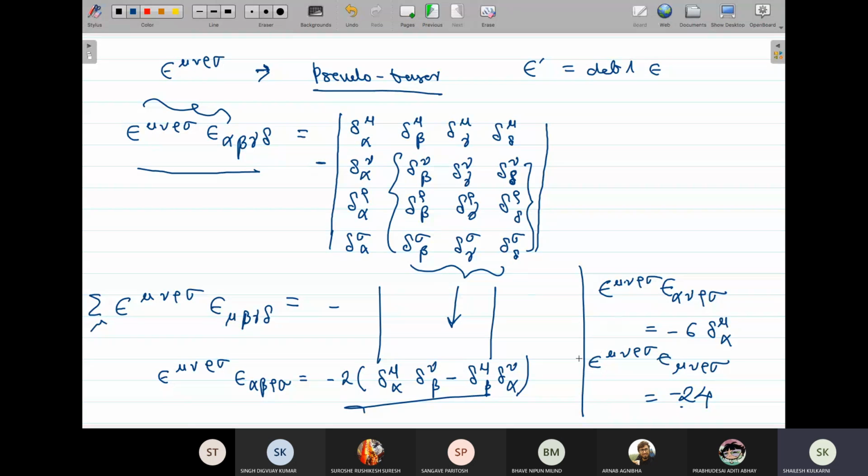See, this is a scalar, right? No index is remaining. And in fact, this quantity will be a true scalar. We said that the epsilon is a pseudo tensor. This quantity will be a true tensor of rank (1,1), and this quantity will be a true scalar, or true tensor of rank (0,0).